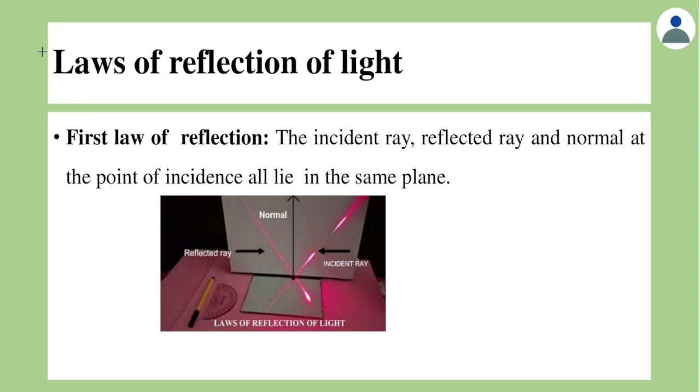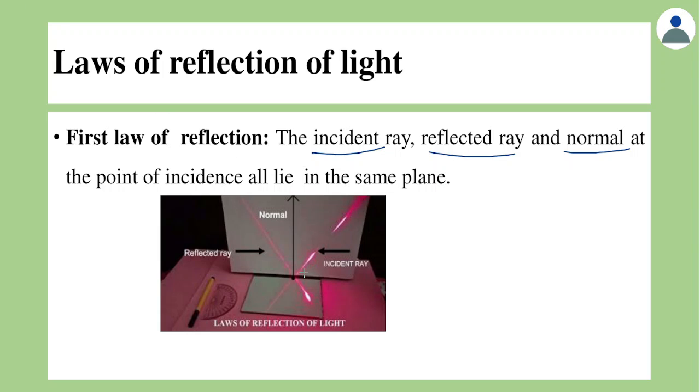The next thing is to understand the laws of reflection. There are two laws of reflection. The first law says the incident ray, the reflected ray, and the normal at the point of incidence all lie in the same plane. As given here, you can find there is a source of light.